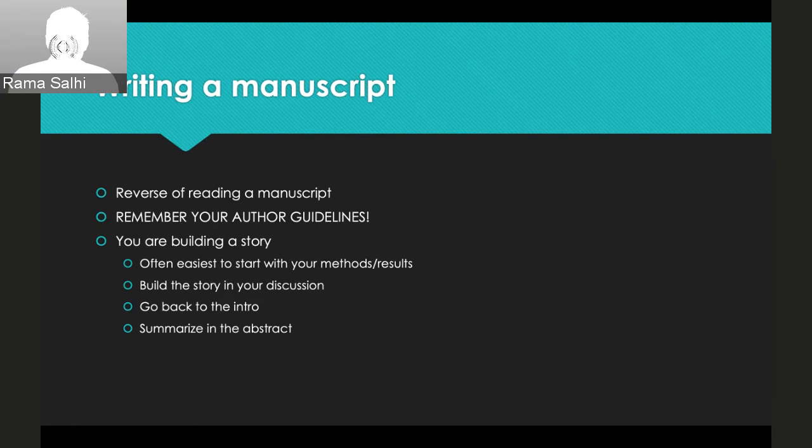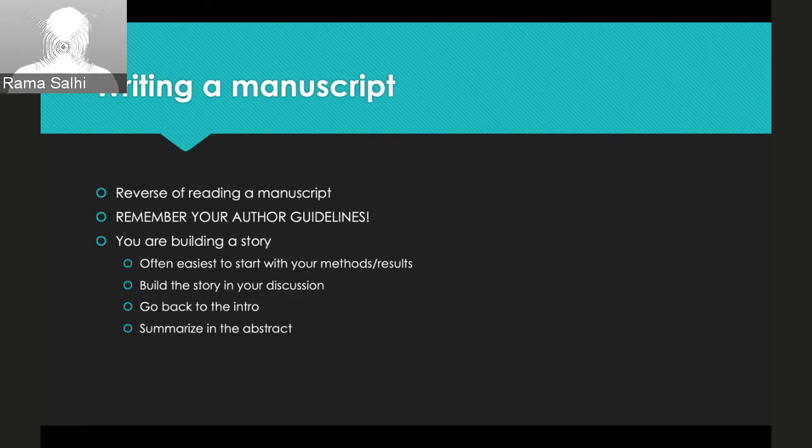So just to summarize, when we're talking about writing a manuscript, I want you just to walk away with a handful of things. Like you remember nothing. Hopefully, this group of guiding principles will make your life easier when you're writing a paper. So remember that it is written in the reverse order of a person who's typically reading your manuscript.